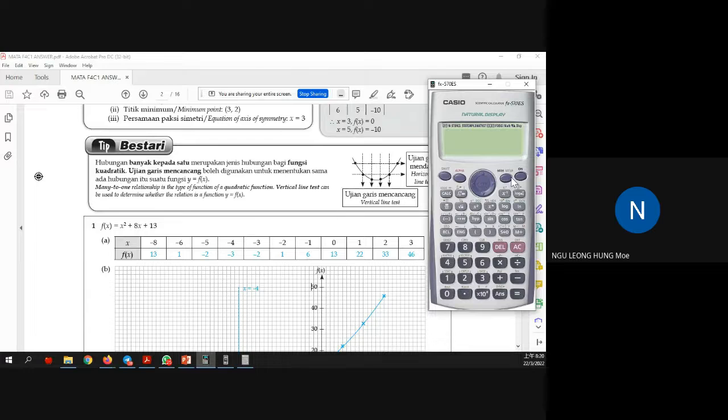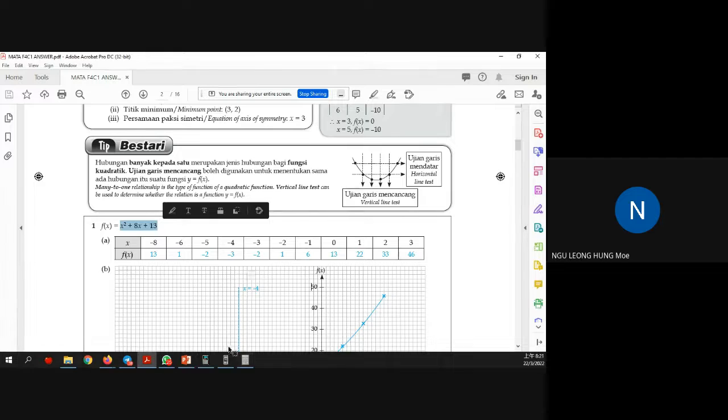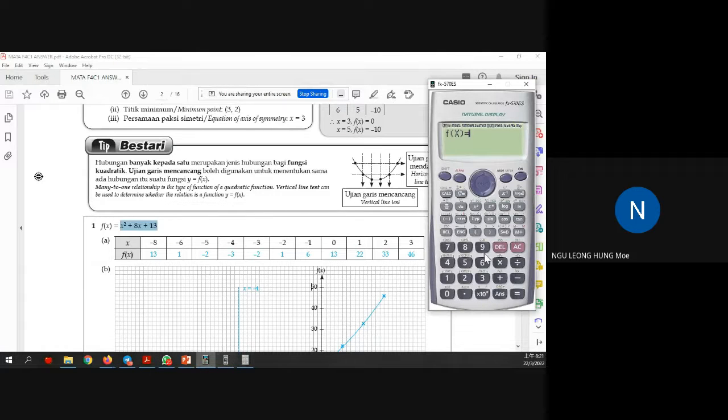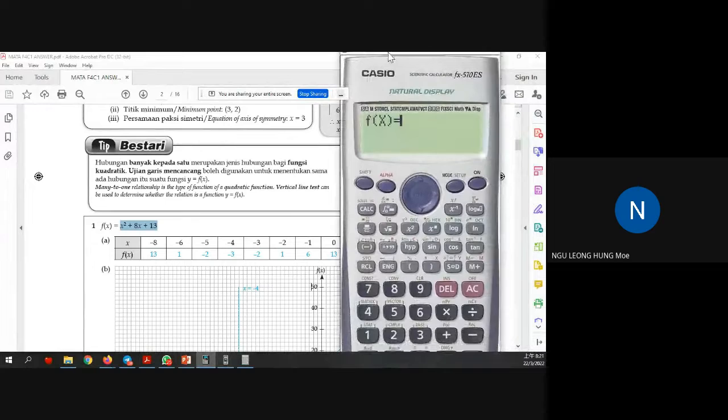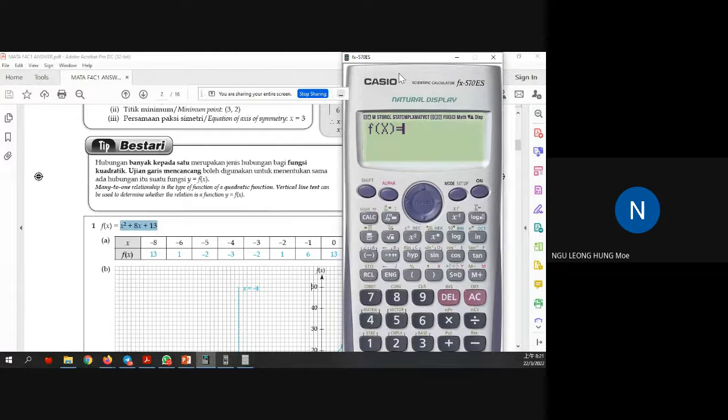First of all, you press mode, then you get 7. Then we key in this equation. How do we key in s squared? How do you get s? You see here, we have the red color s, right?